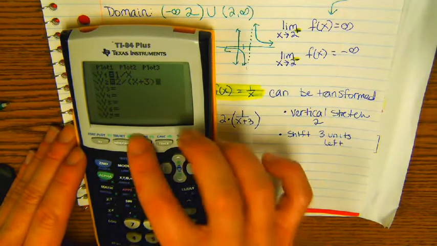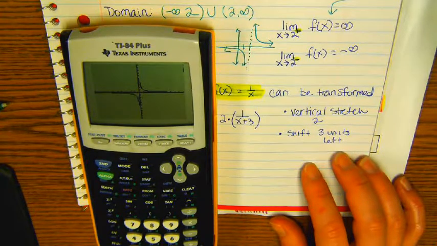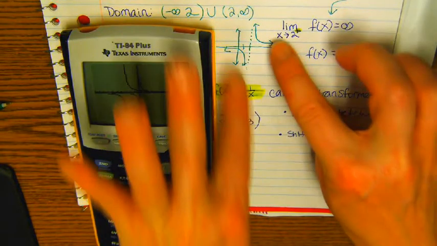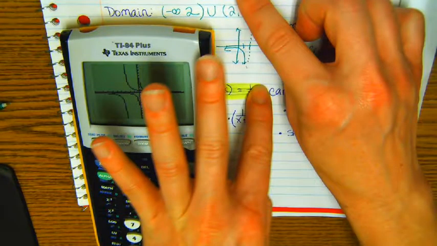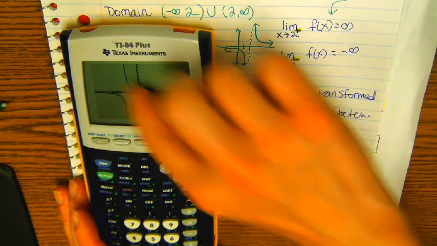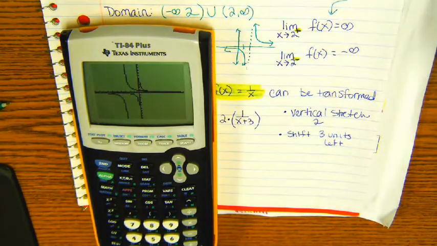Okay, so there's 1 over x. It's hard to see the stretch, but you could definitely see the shift 3 units to the left, right? And all a stretch is really going to do is make these parts around the asymptote grow quicker, so they're going to get steeper quicker. So you can see that this looks a little steeper than 1 over x. Questions so far?